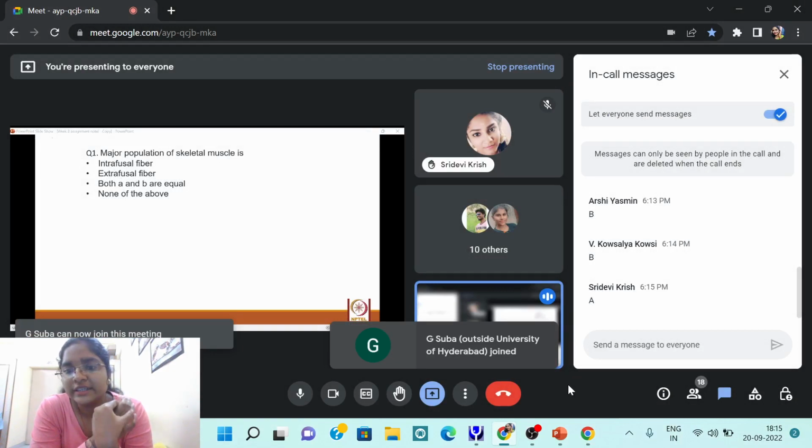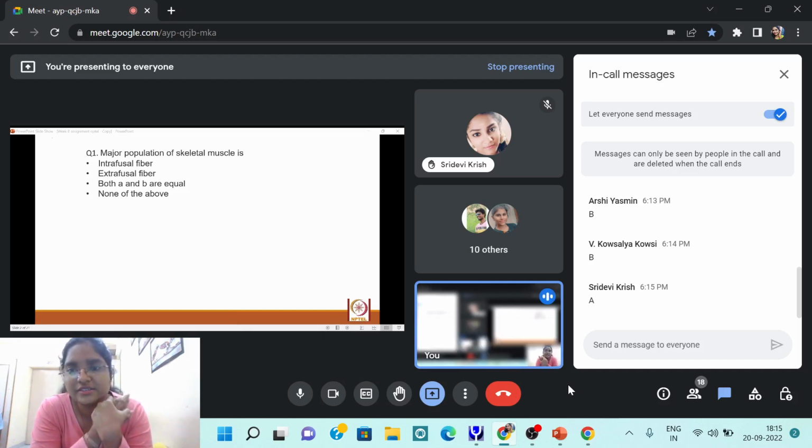People who are joining late, I'm giving them some extra time. We are still at our first question. Try to read the question and answer it. It's a very simple question. We have already discussed the types of muscles in the previous classes. What are the types of muscle? What are the different properties of these muscles?